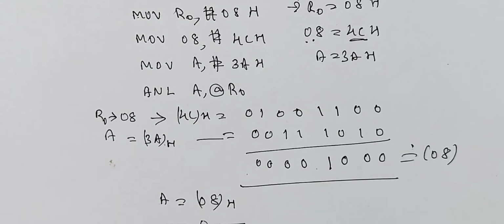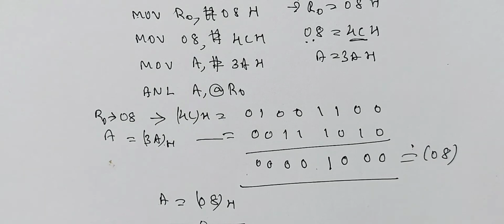In this way, you can perform any other logic operations. But you should know that in logic operations, the destination must be the accumulator register A only, and the logic operation is performed bit by bit.